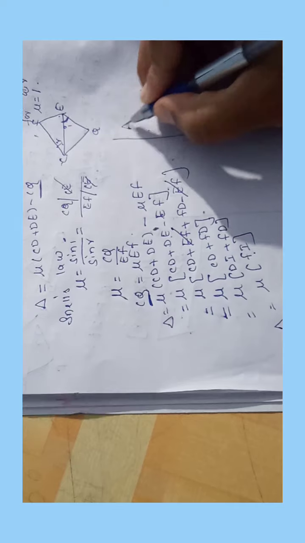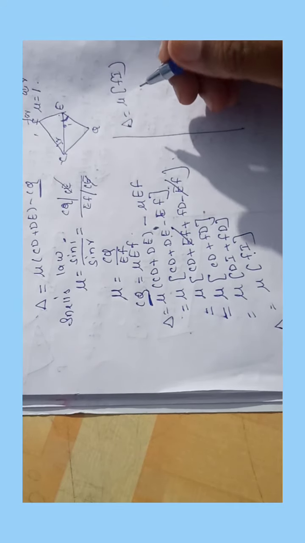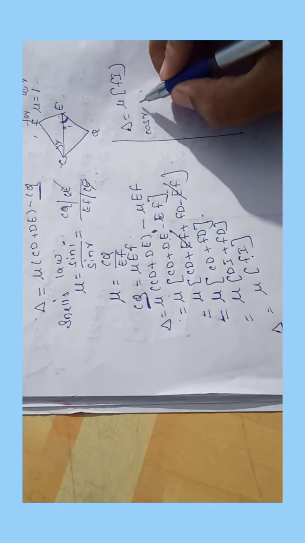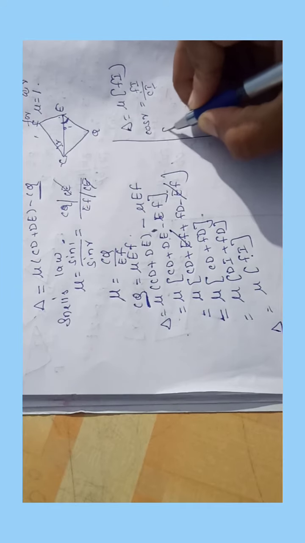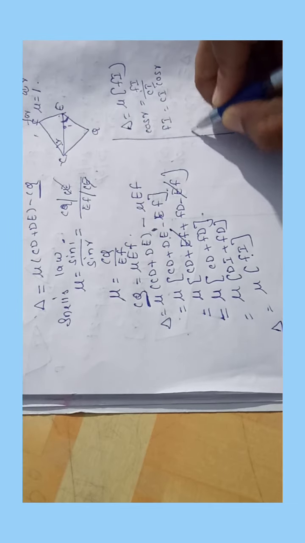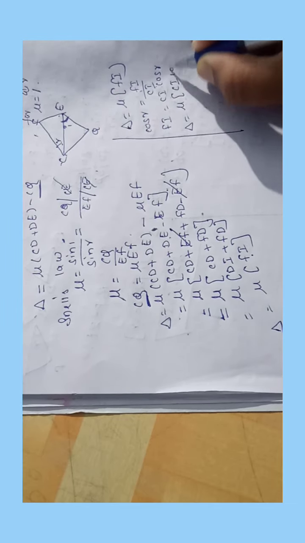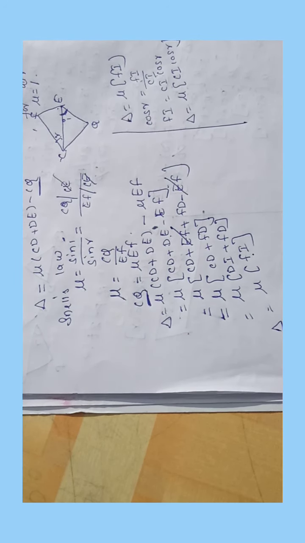Now delta equals mu FI. From that triangle we got cos R equal to FI by CI. So FI equals CI cos R. Now substituting, mu CI cos R we got, right?